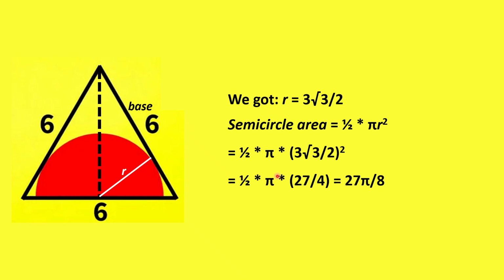Now multiply by half, you get 27 by 8 and pi. So 27 pi by 8 is the area of the semicircle.